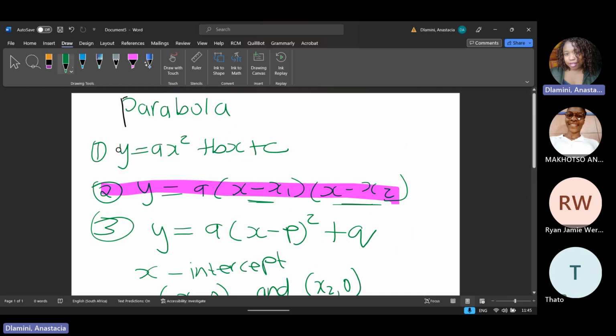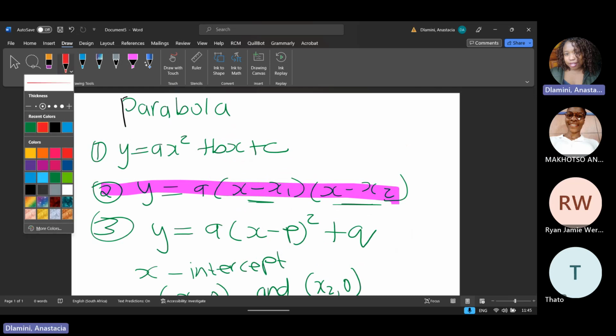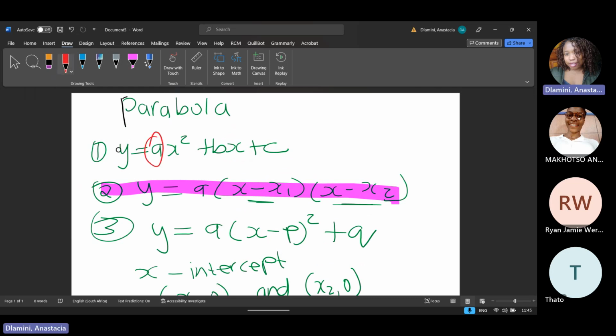So now, let's look at this value here of A. A is very important because it tells you how your graph looks. If A is greater than 0, it means that your graph will look like a smiley face. So it will look like this, meaning that A is +1, +2, +3, and so on.